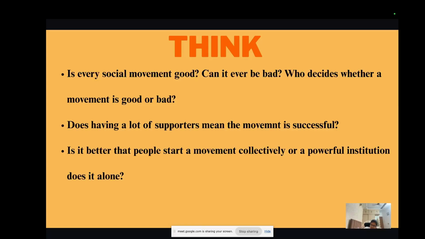And if the cause is something higher, like the education system or a corrupted system, then the powerful institutions doing it alone may be better because it may lead to less violence. Sometimes a lot of people think that violence may be the answer, but a powerful institution doing it may also have an influence. So I think it depends on the cause.